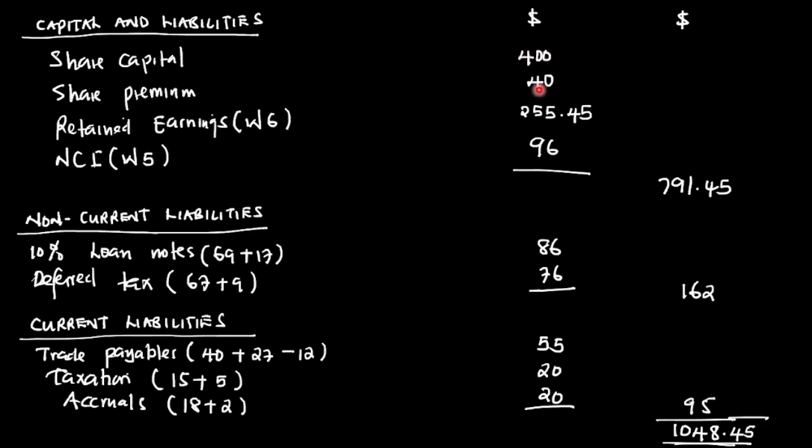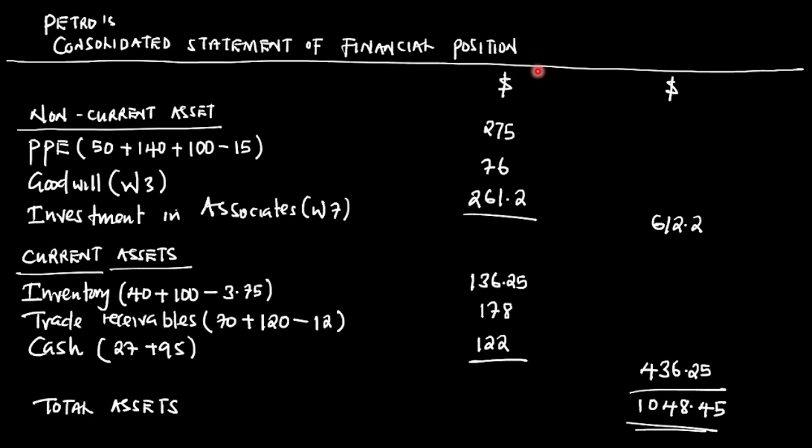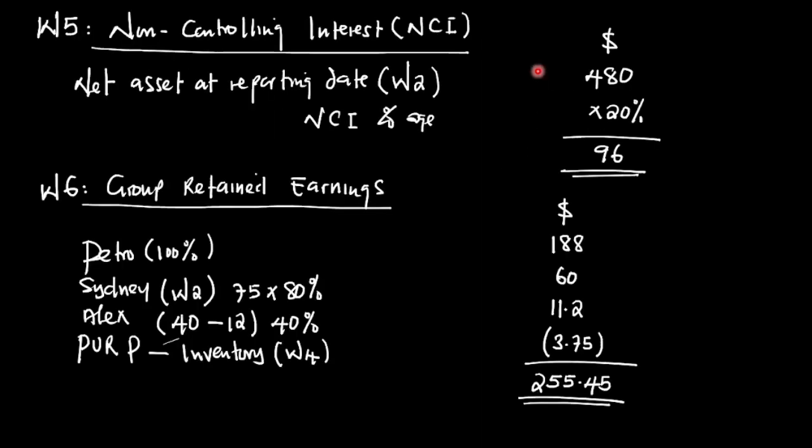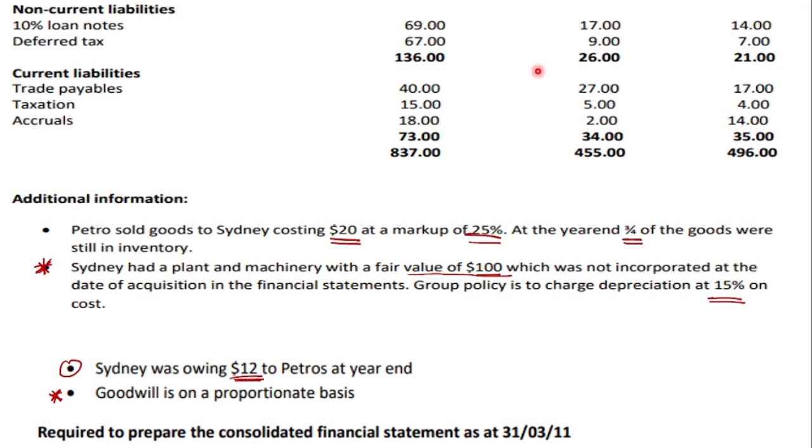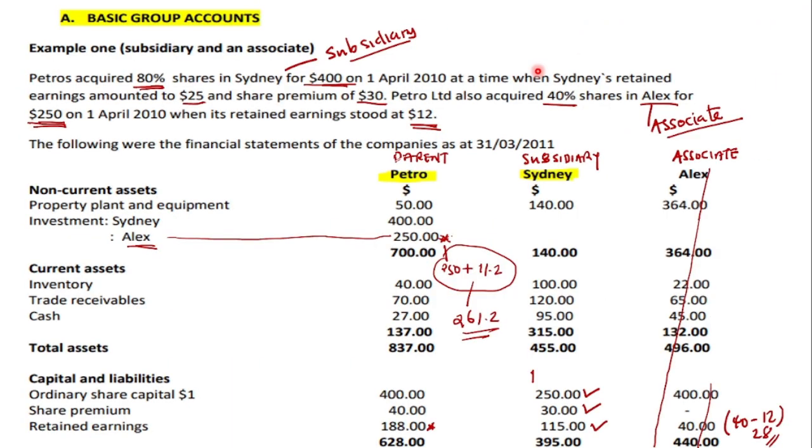Now we can go and check, I want to show you something on the question. When you get to that part of the question, remember the investment in Sidin, the 400, which we used in the goodwill calculation, and then we deducted the net assets.